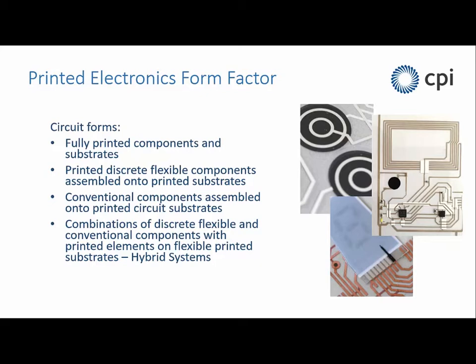The image on the right-hand side is a silver circuit, so that's screen-printed silver. The circular dot is a printed temperature sensor. The white layers are insulating dielectric materials to separate the different layers of the circuit. And all of the other features on there are conventional components, in this case plastic packaged, but they could have been bare die components, for example.